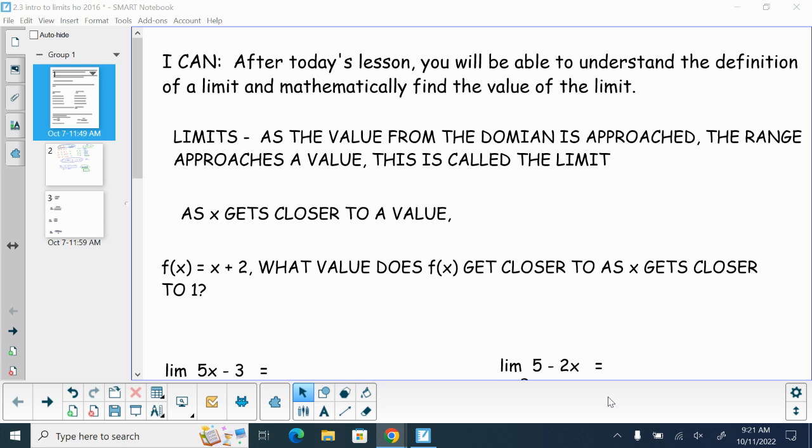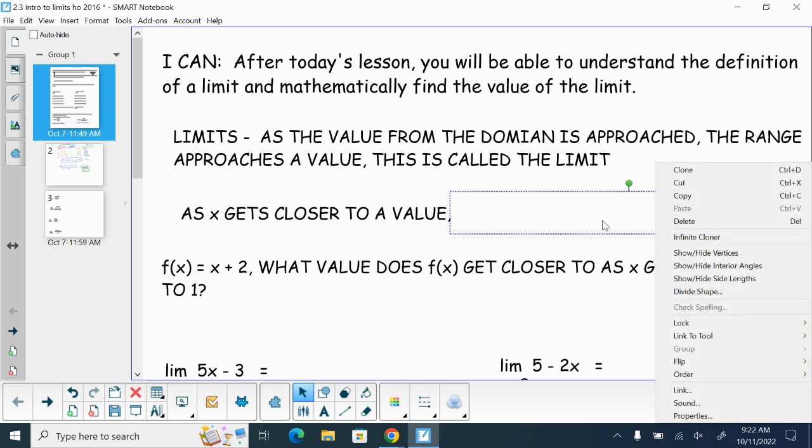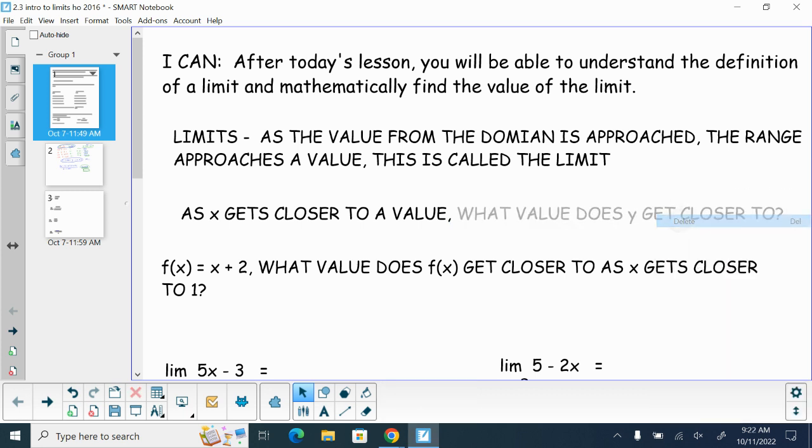As x gets closer to a value, what does y get closer to? That's what you can mentally put into your brain. As your domain gets closer to something, what does your range get closer to?